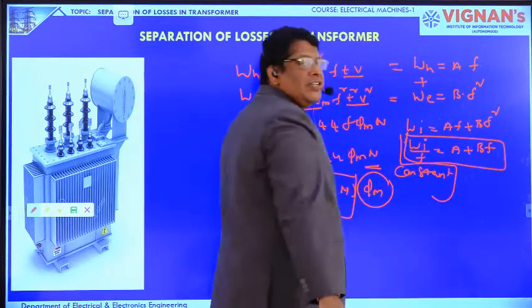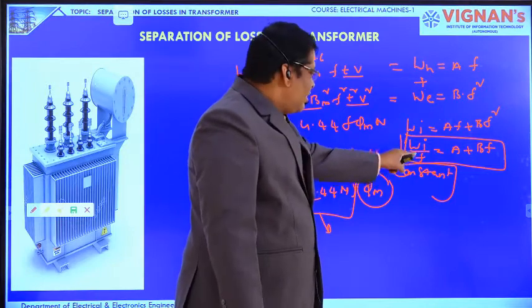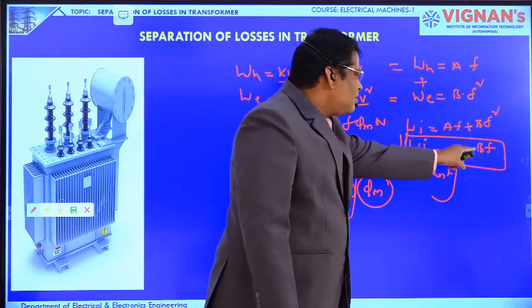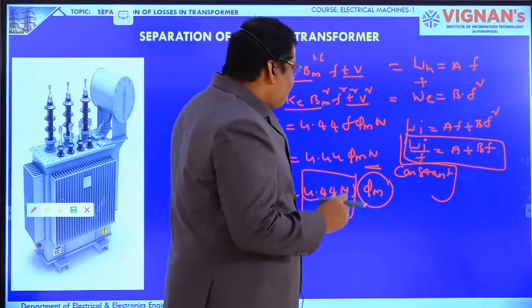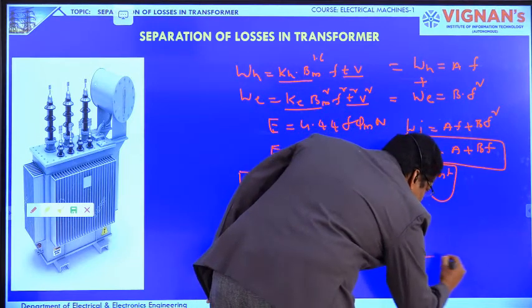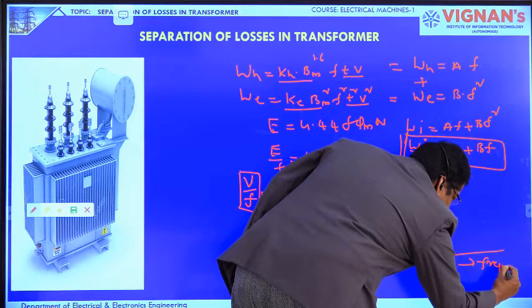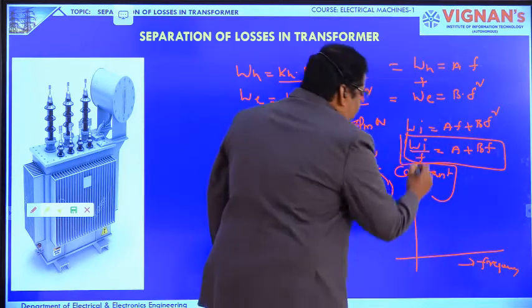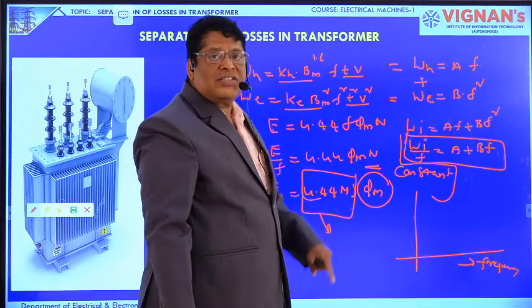It says iron losses by frequency equals A plus BF. If you draw a graph, we take the frequency on the x-axis, and Wi by F, iron losses per one cycle, on the y-axis.